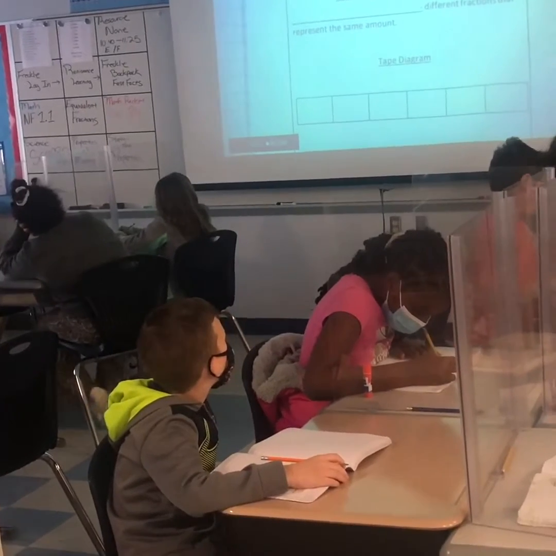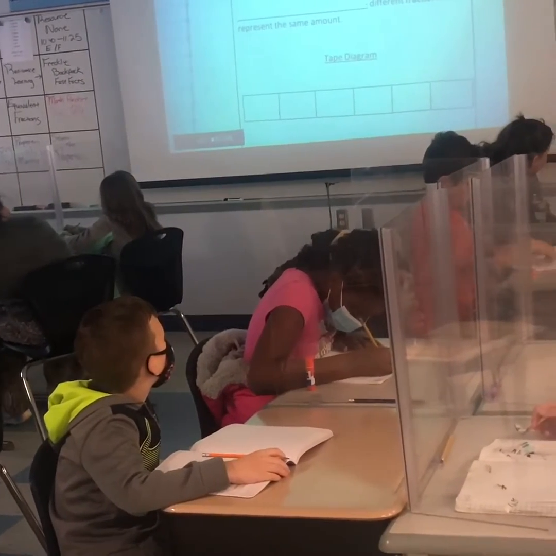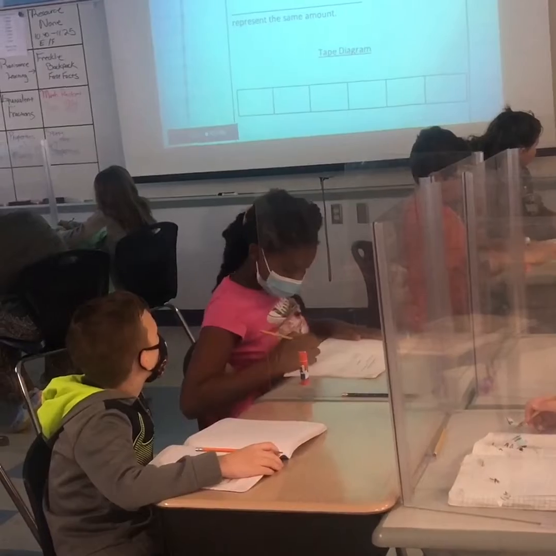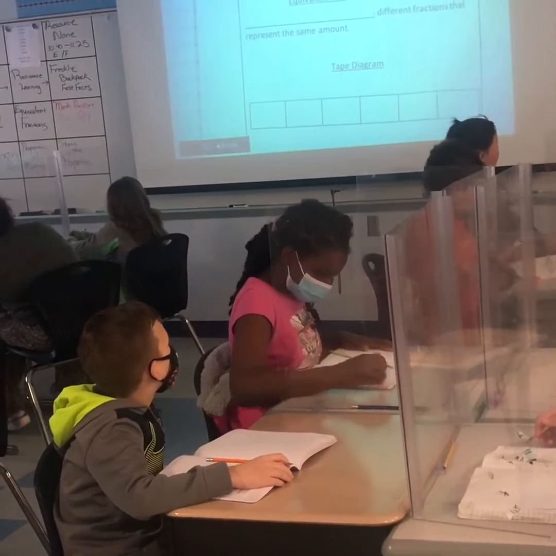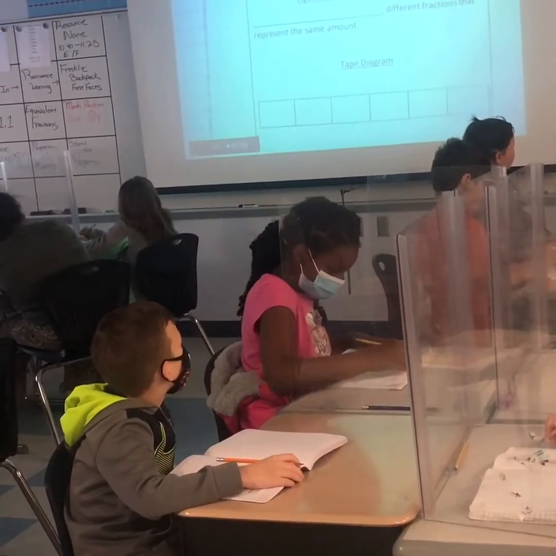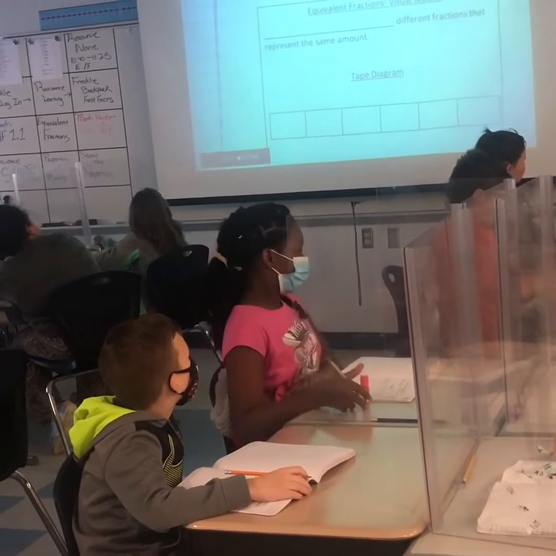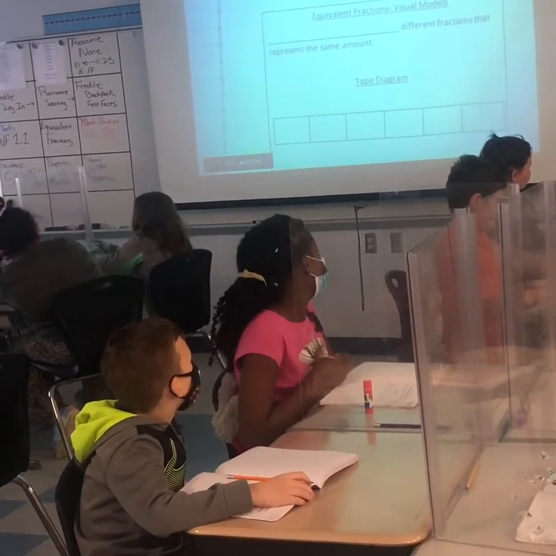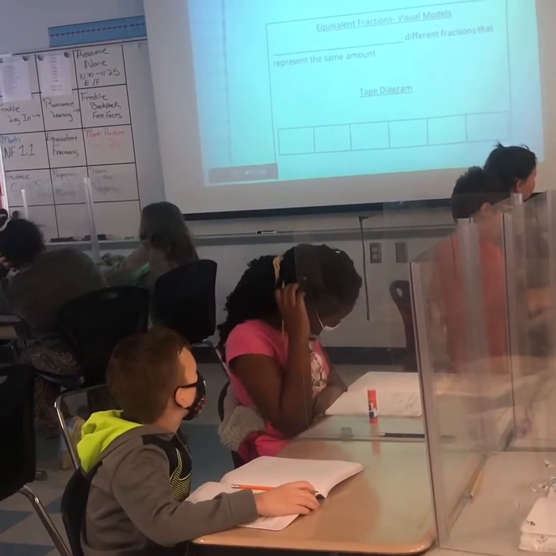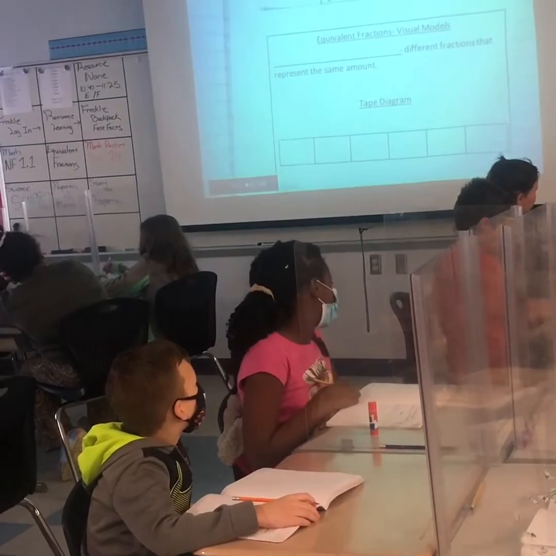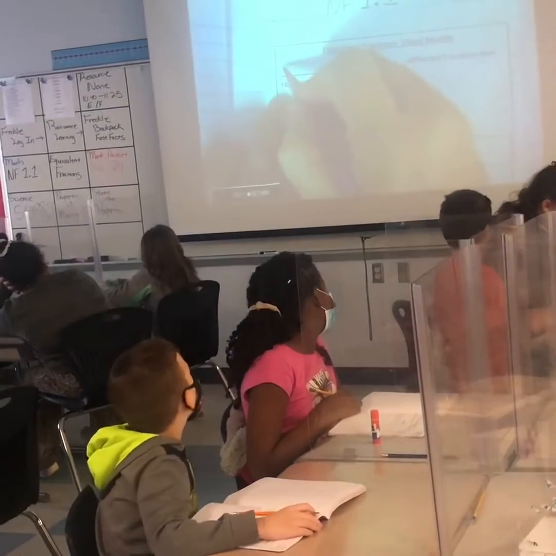Well, as always, I guess it would help if we had an official definition, you know, because of that whole vocabulary quiz thing that we do. So let's go ahead and write down the official equivalent fraction definition. So an equivalent fraction, different fractions that represent the same amount. So let's go ahead and write that word equivalent.